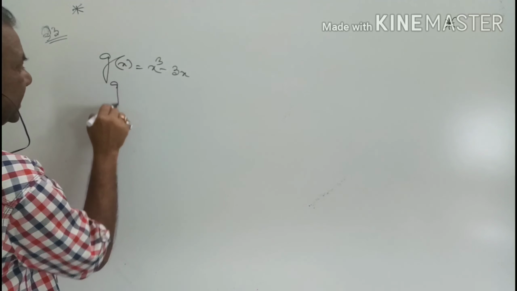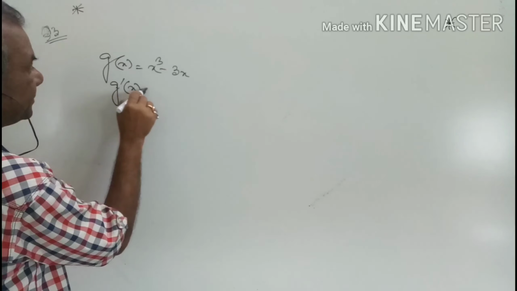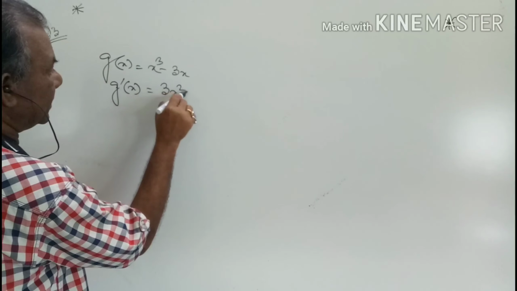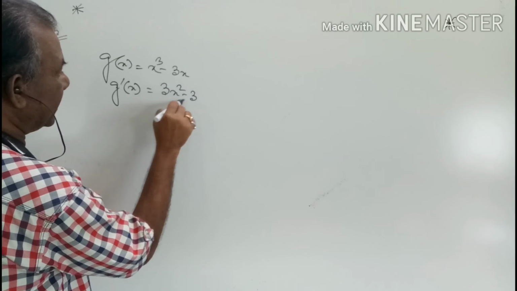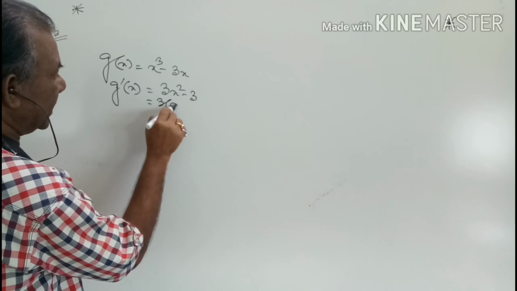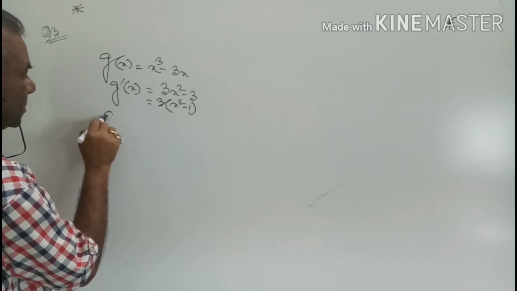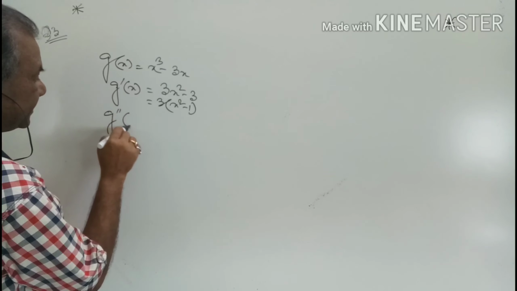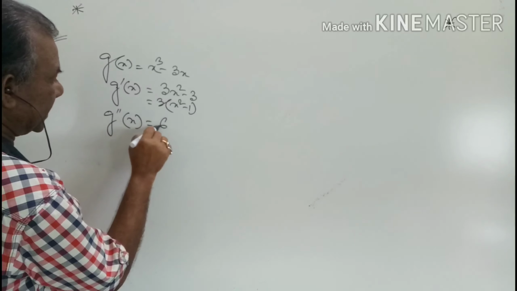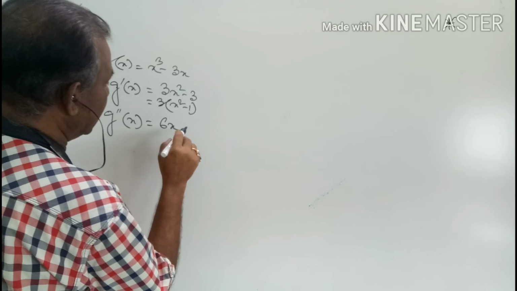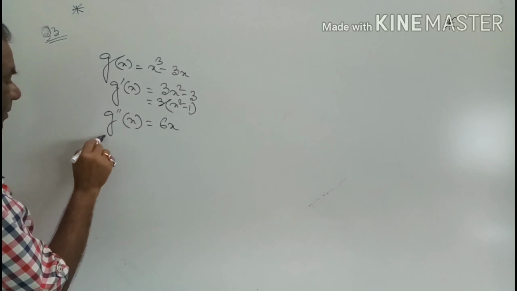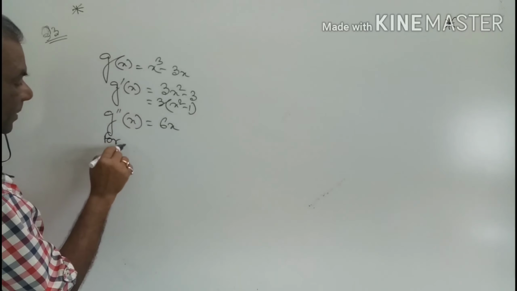So g dash x equal to what? 3x square minus 3. So 3 common, x square minus 1. So g double dash x equal to 6x.